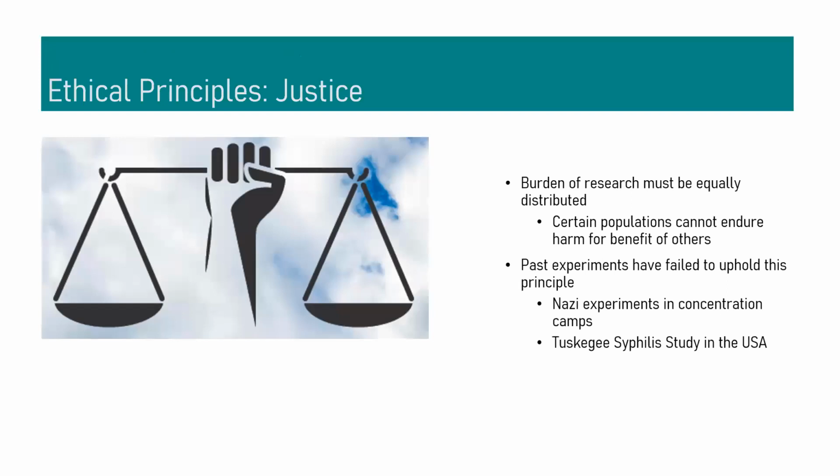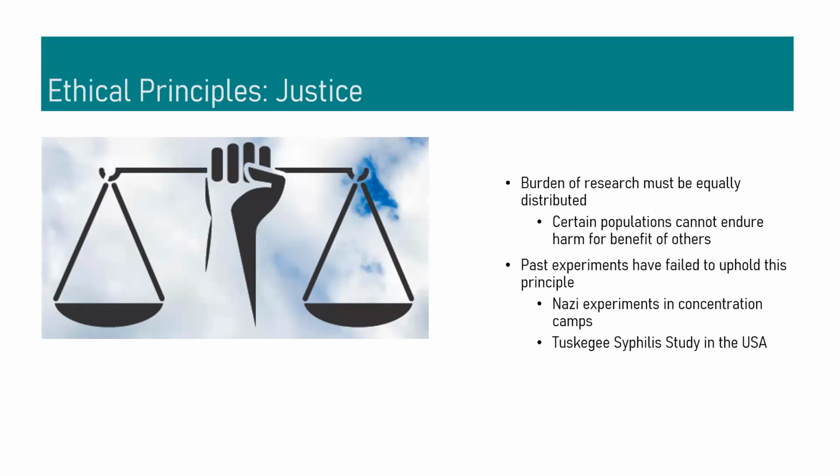Finally, the principle of justice argues that the burden of research must be equally distributed and that certain populations should not endure the harm for others to benefit from. Many studies in the past have ignored this principle. The most notable examples in semi-recent years are the Nazi experiments in concentration camps and the US government syphilis experiments on members of the African American community.